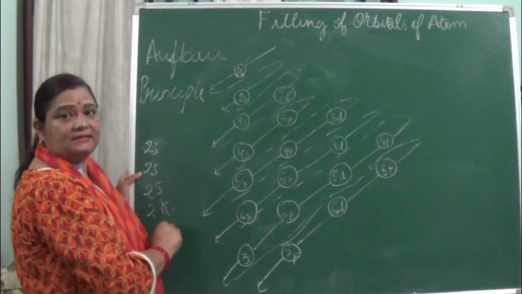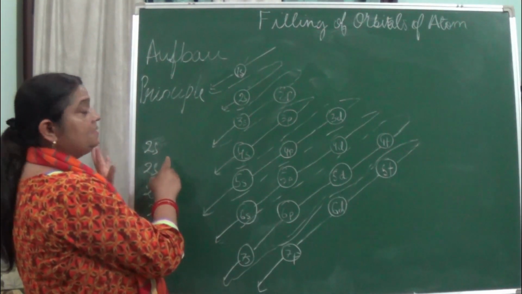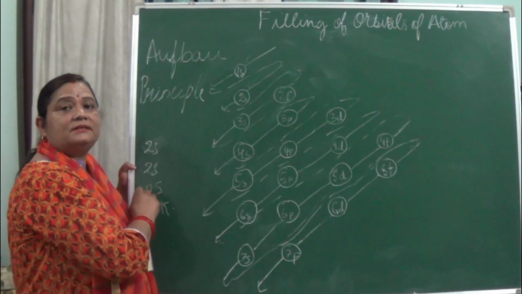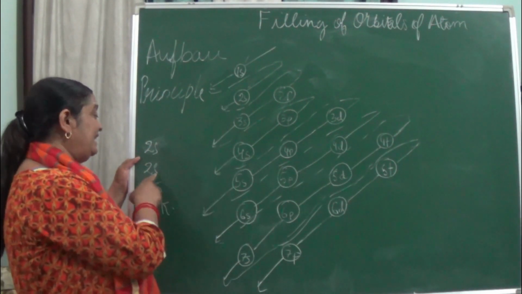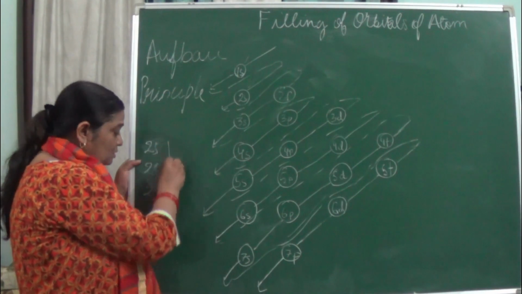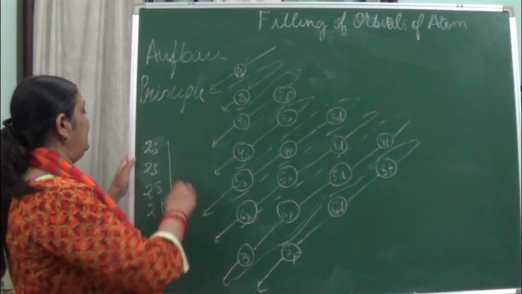What happens in these orbitals in the same subshell? It decreases. So it goes on decreasing as the atomic number increases.